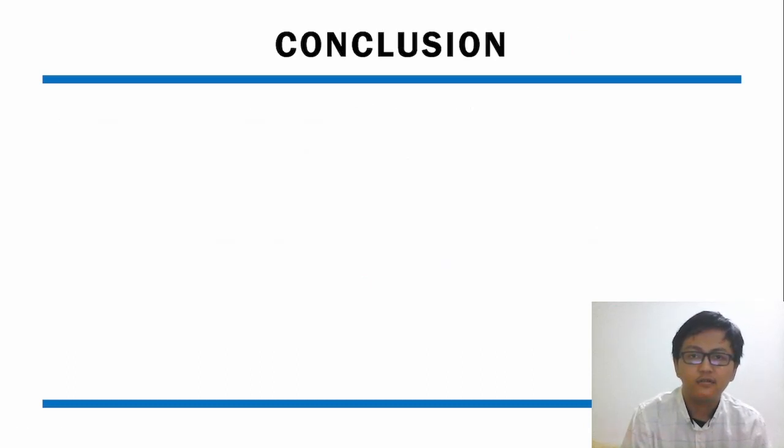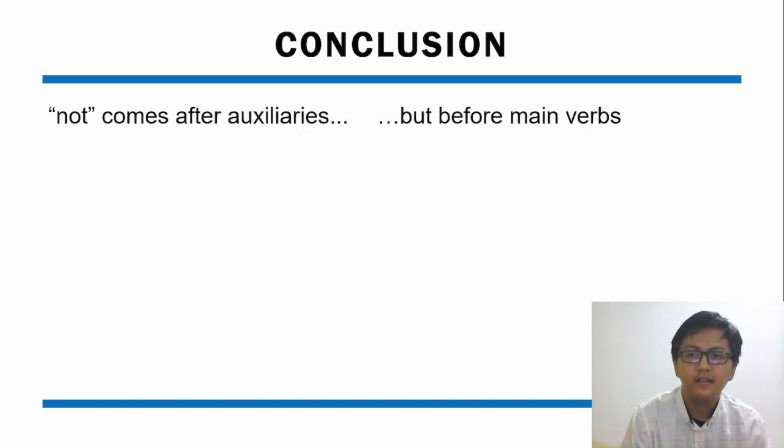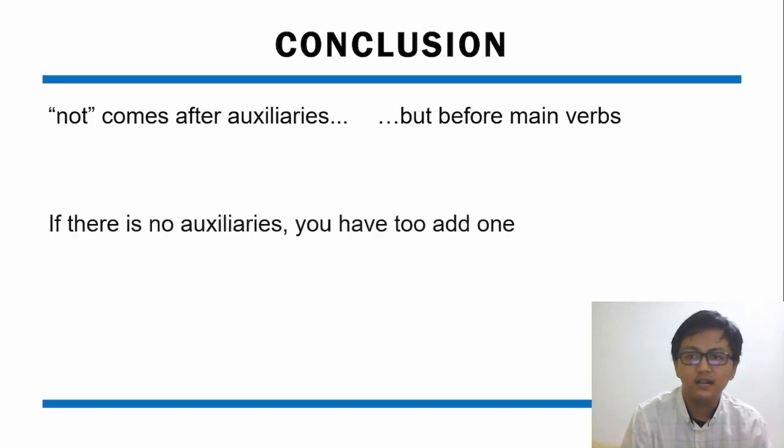Next one is the conclusion. This leads to the end of my presentation today. So the first thing we notice is that not comes after the auxiliary but before the main verb. The second thing we notice is that if there is no auxiliary, you have to add one.